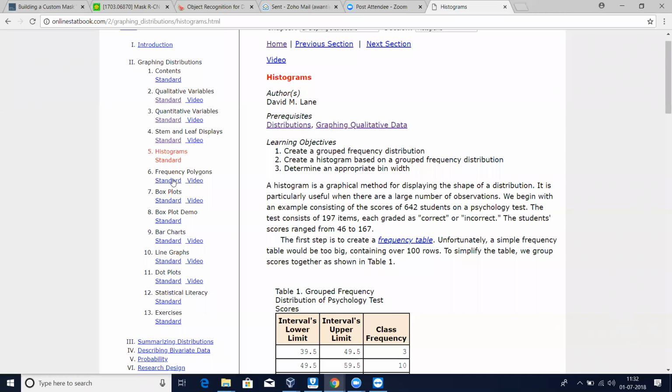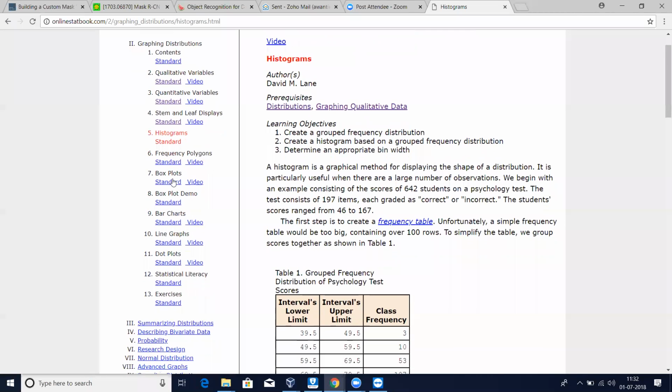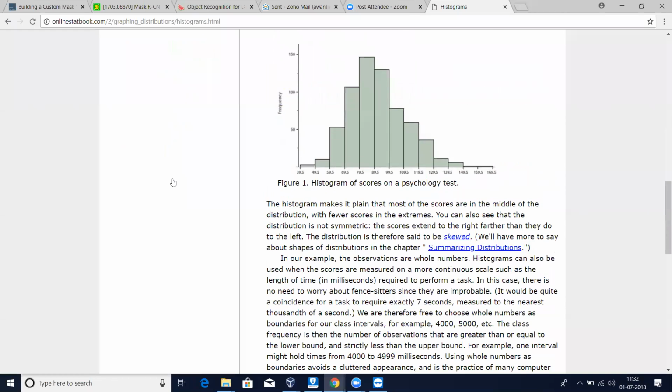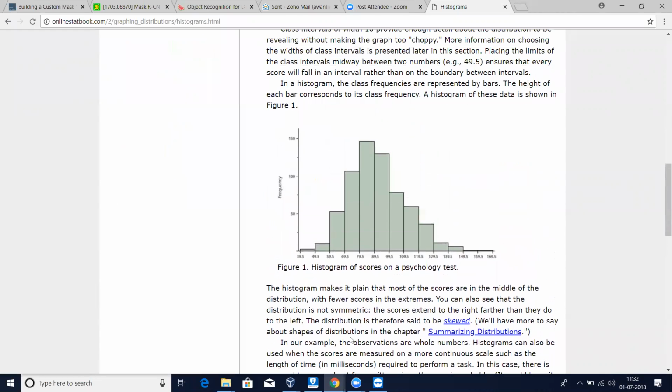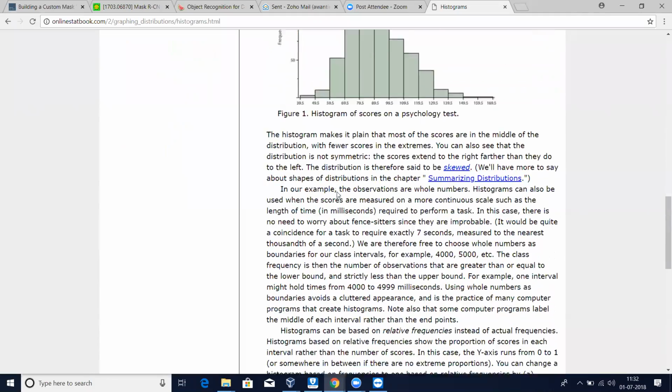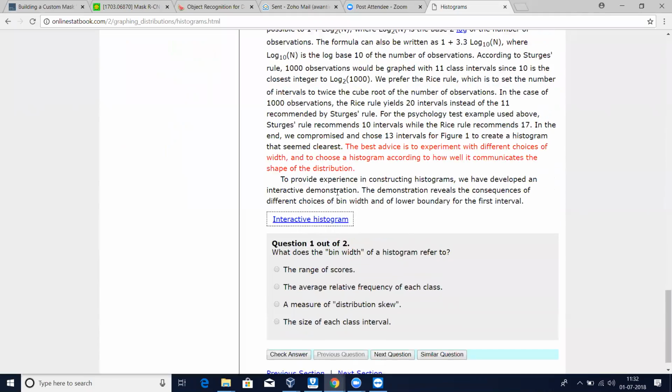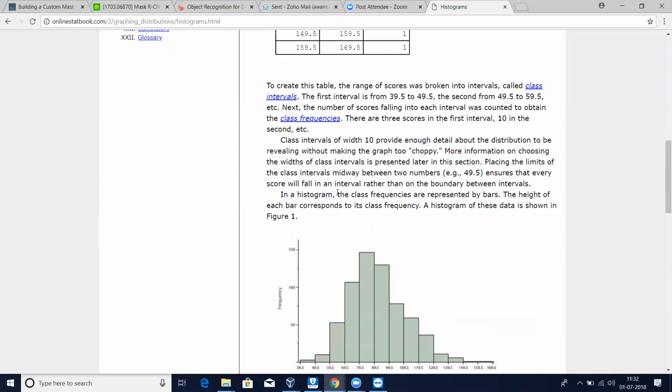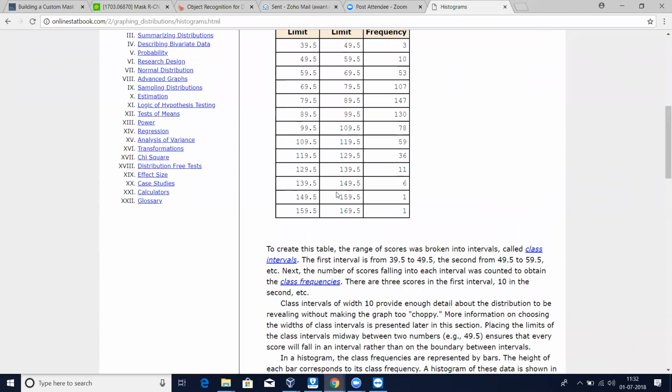So again, now you will see histograms. A histogram is for what? It's a frequency distribution, right? You can see here, this is the value and this is the bucket, 59.5 to 69.5. This is the bucket and this is the frequency that is coming here. This is a histogram. We can use it for discrete data also.